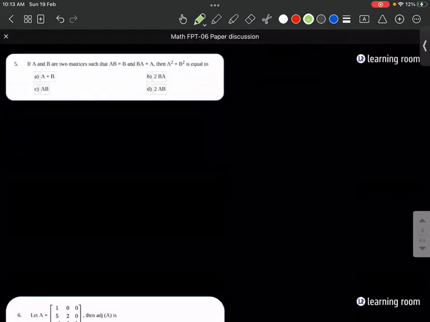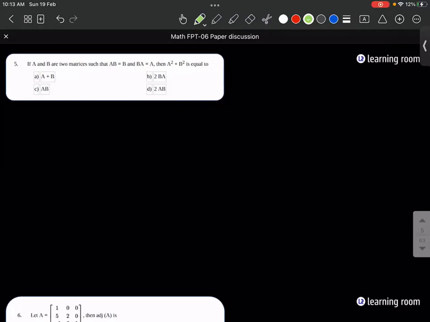If A and B are two matrices such that AB is equal to B and BA is equal to A, then A square plus B square equals what? They have told AB is equal to B. If I multiply with A on both the sides, because the next one says BA, this becomes AB into A. But what is BA equal to?